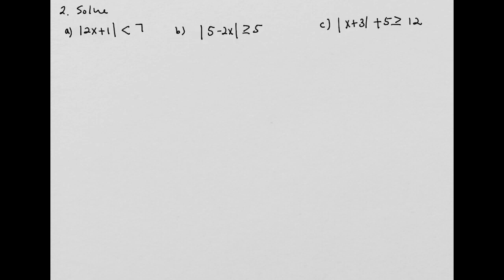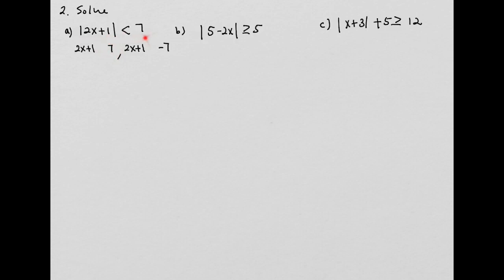So I will have 2x plus 1 with 7, and I will have 2x plus 1 with negative 7. The reason I didn't write my inequality yet is because, depending on which number I have, the inequality will stay the same or change the order. So with the first one, I have positive 7.